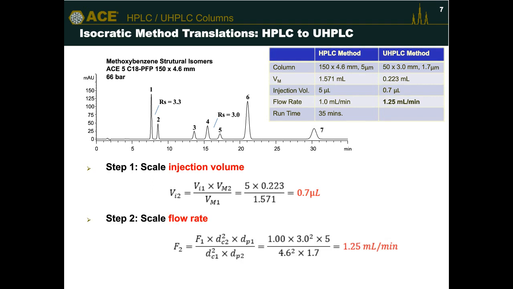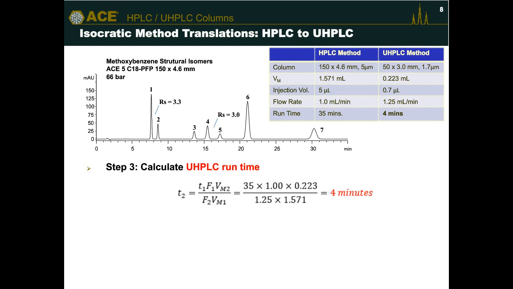We then want to scale our flow rate. Here we've changed both the column ID and the particle size. So we are multiplying our original flow rate by the ratio of column ID and the ratio of column particle size. This is suggesting we need to run at a higher flow rate of 1.25 mL a minute. You can plug those numbers into this equation for runtime, and it's suggesting the final runtime will now be 4 minutes.